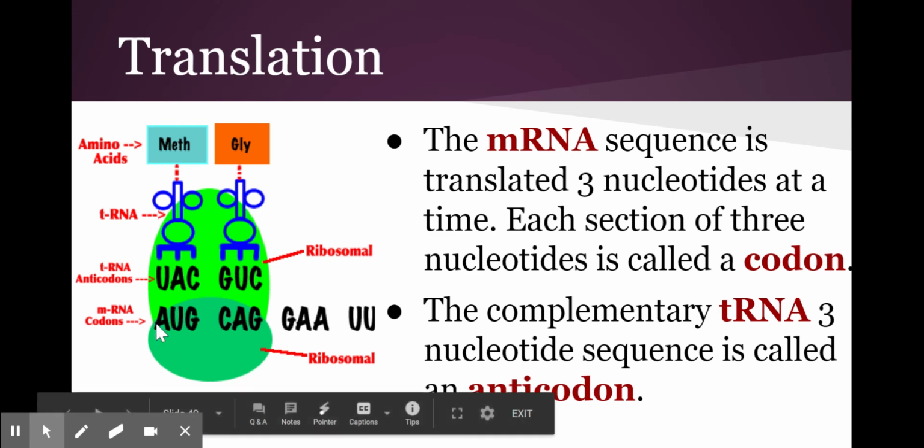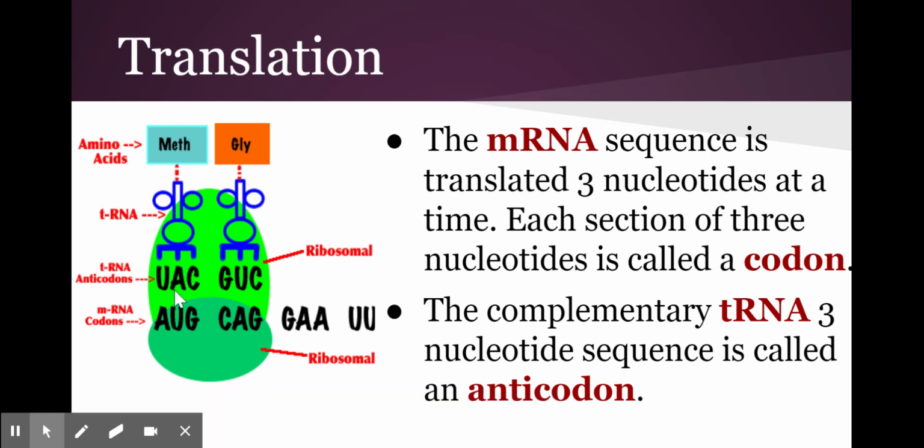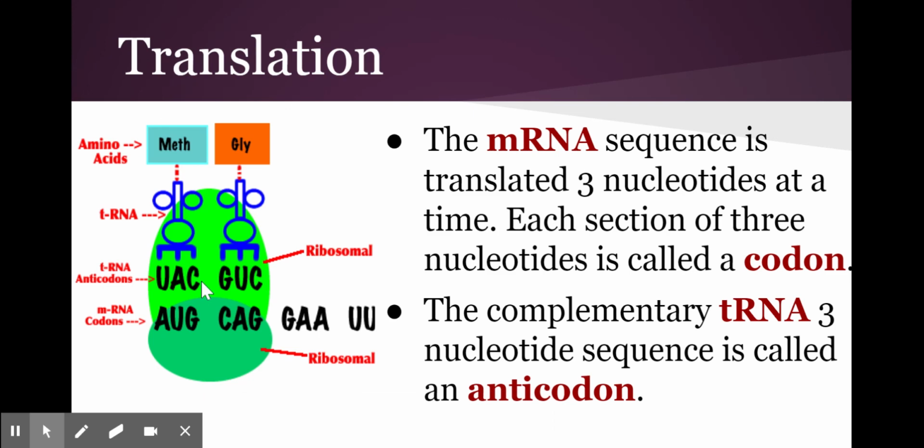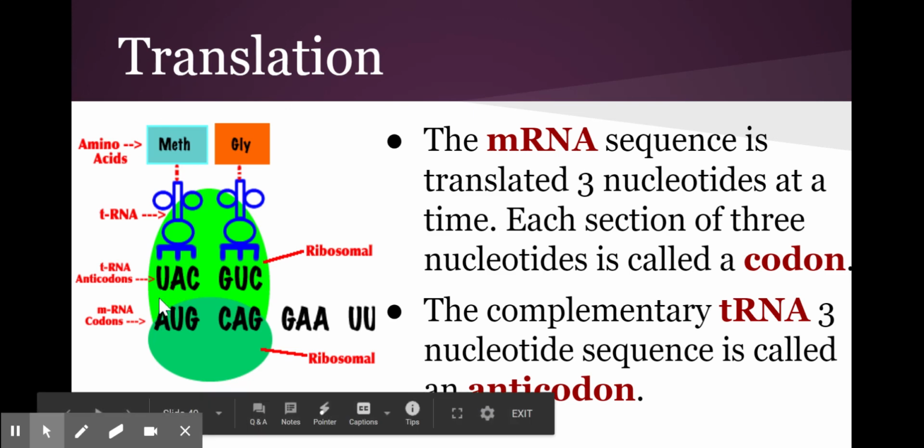Now, in order to figure out what amino acid, so what part of a protein these 3 letters are asking for, the cell is going to use complementary pairing between mRNA and tRNA to determine what amino acid needs to come over. So AUG is going to be complementary to UAC. This is really similar to what we did with DNA replication, but here we're doing it with complementary RNA sequences.